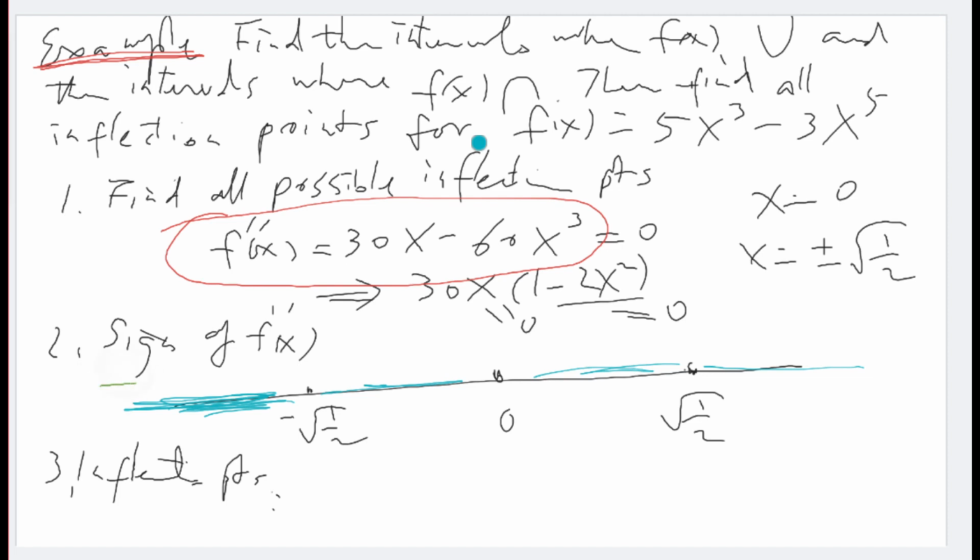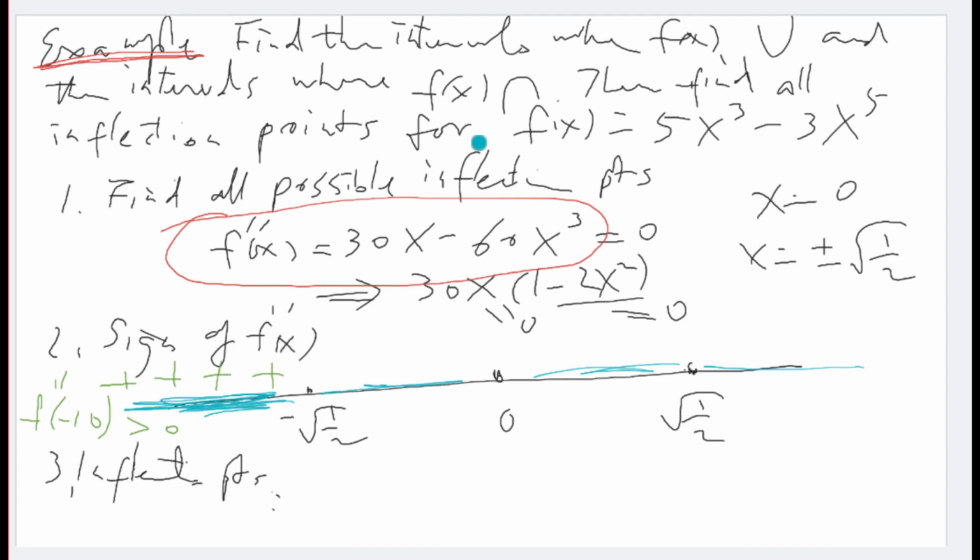If you use a calculator, you can tell too: the second derivative at -10 is positive. Then one by one, you test out the other subintervals.